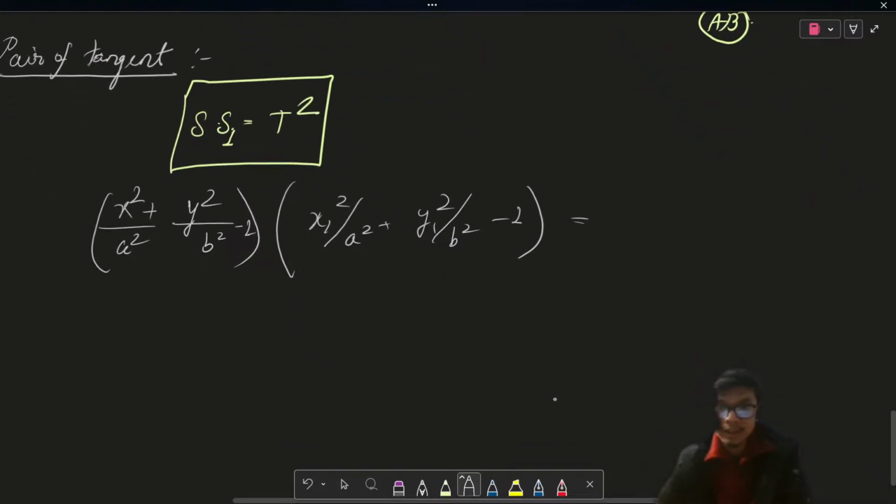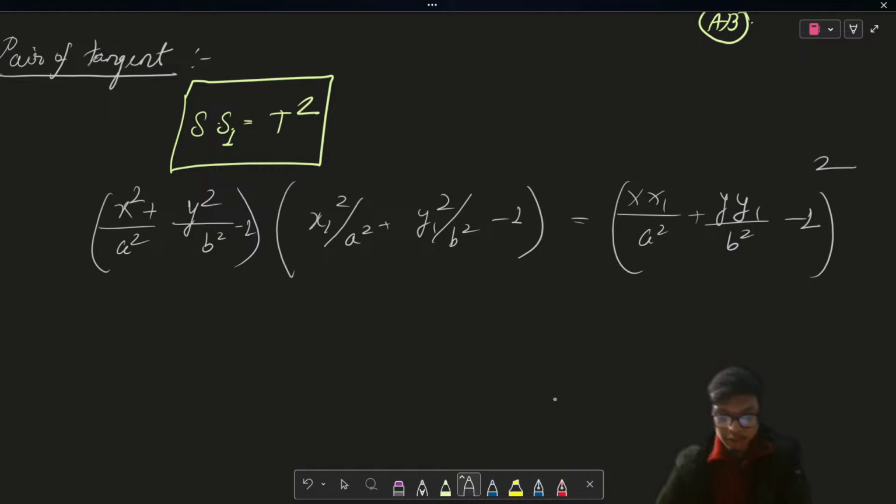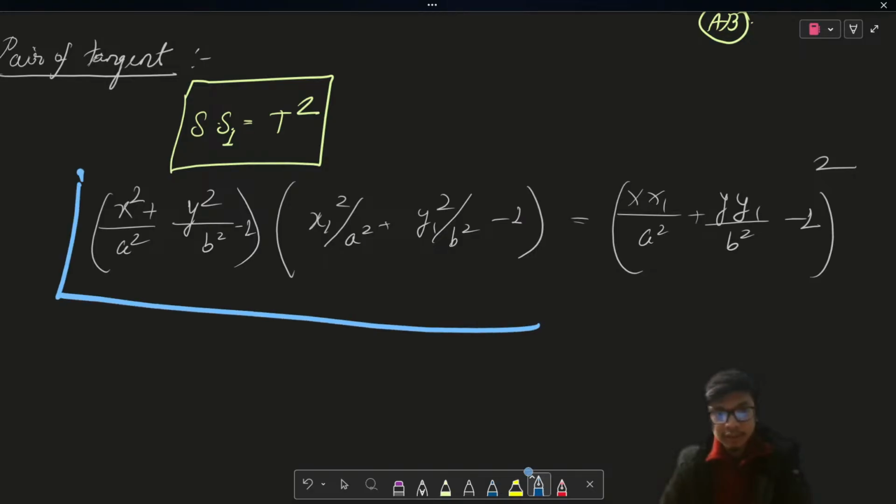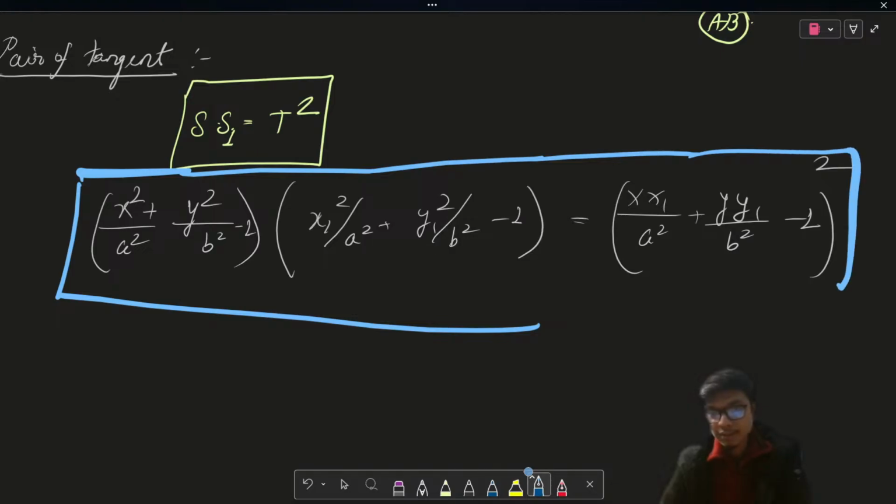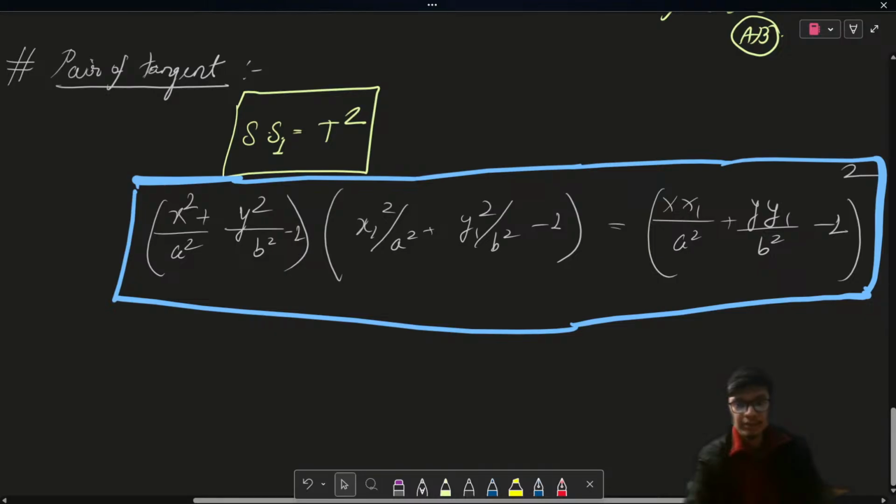And T will be basically x x1 by a square plus y y1 by b square minus 1, and whole square of it. This is how we can easily obtain the equation of the pair of tangents for a given ellipse from a point P outside the ellipse, that is x1 comma y1. Okay, is this part clear to all of you?